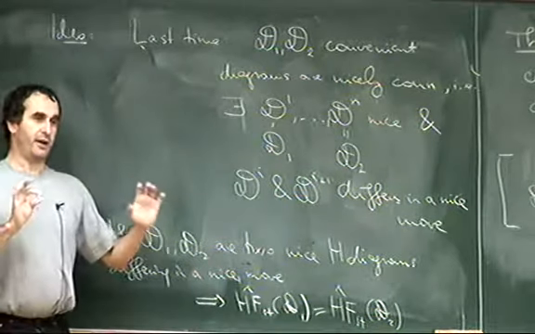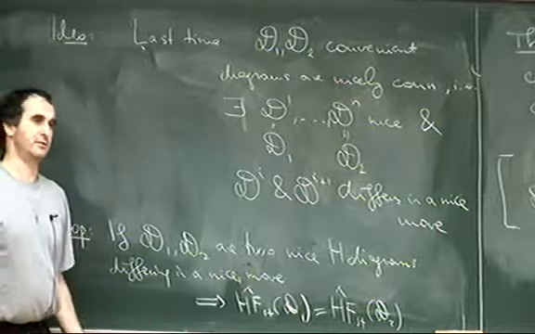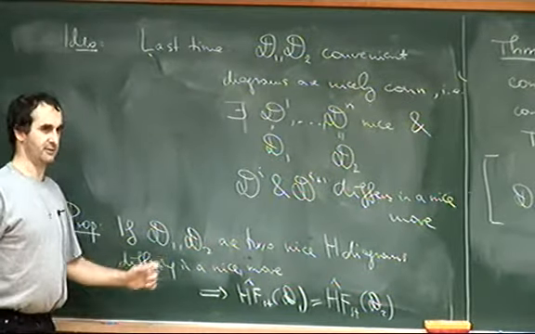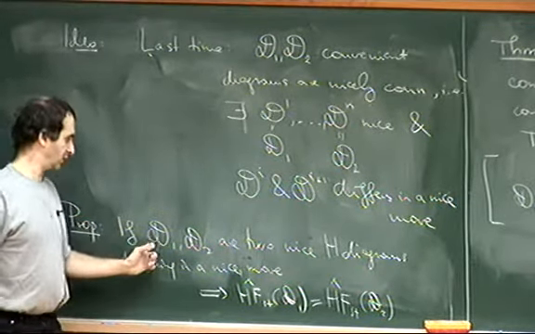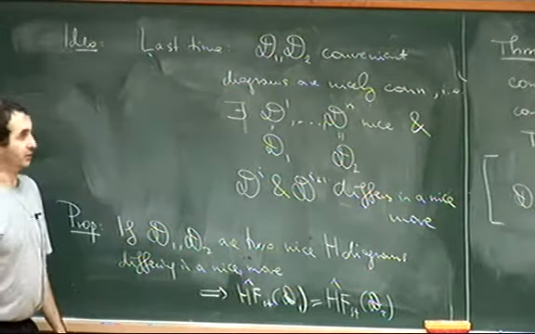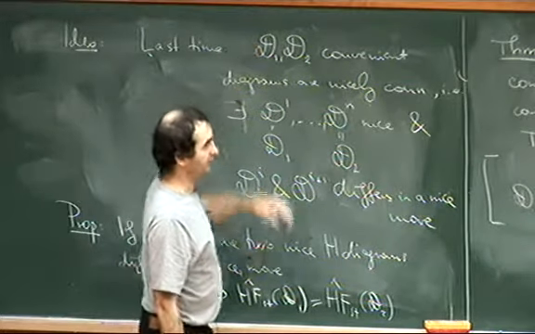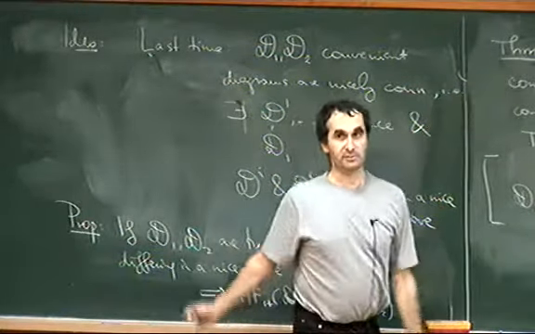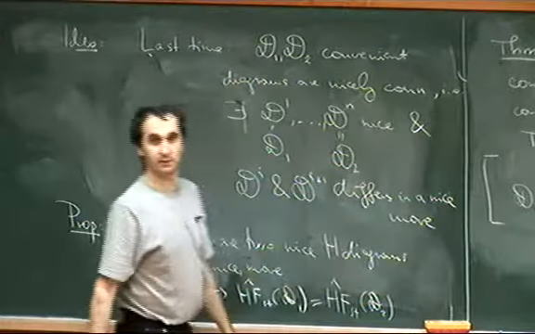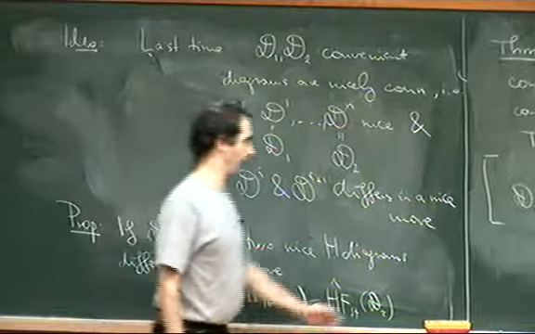So two nice diagrams, where I get D2 from D1 by applying a nice isotopy or a nice handle slide or a nice stabilization, does not change this stable Floer homology. And clearly, based on this result, the theorem follows from this proposition, right? So we only have to check it for the four moves.